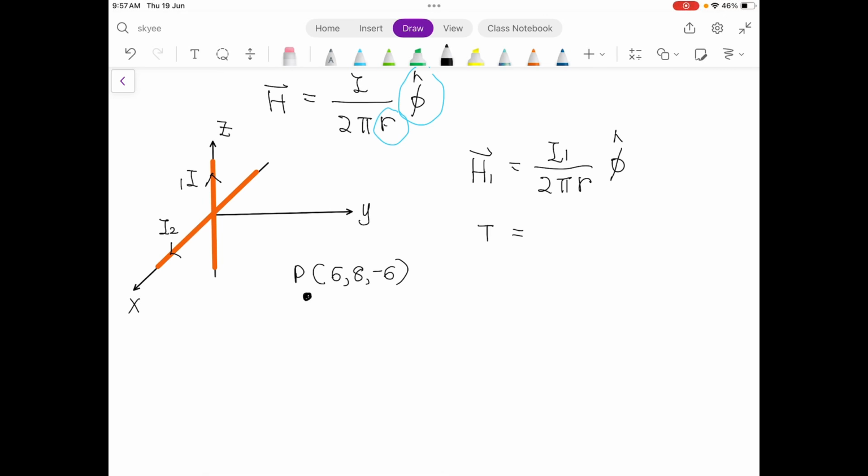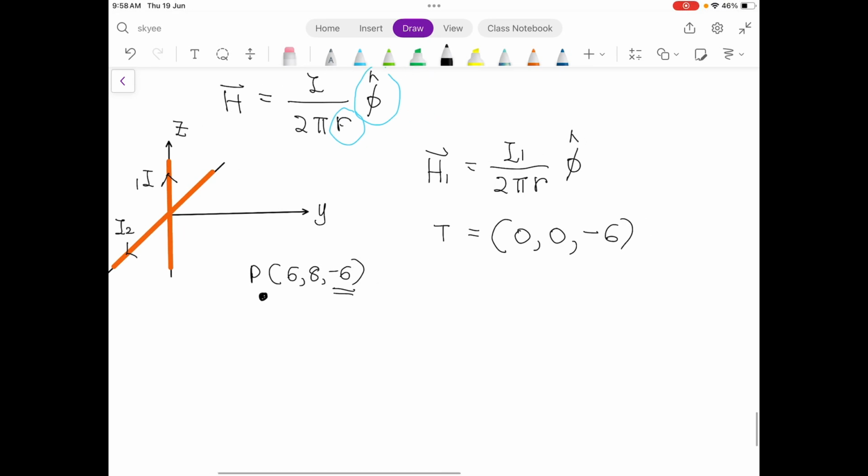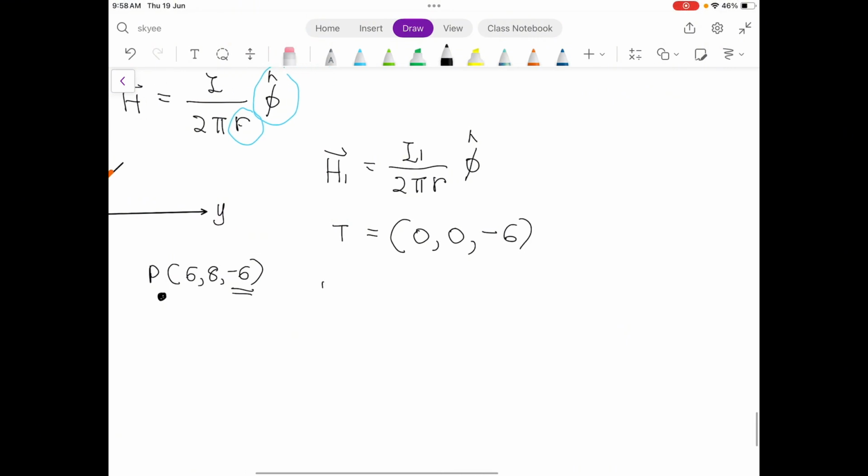I1 is a current filament along the z-axis, so the x and the y are both 0. For the z coordinate, we refer to the z coordinate of our observation point, which is negative 6. Now let's find r: it is 6, 8, negative 6 minus 0, 0, negative 6.